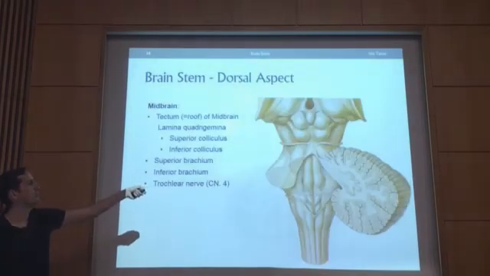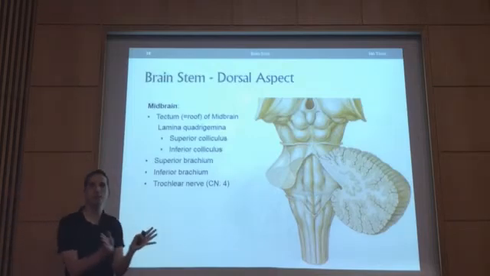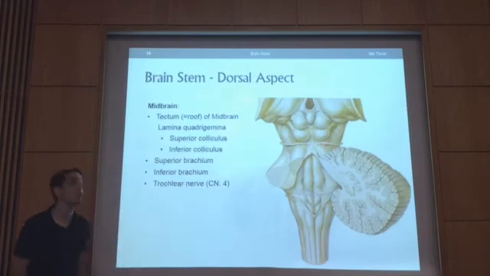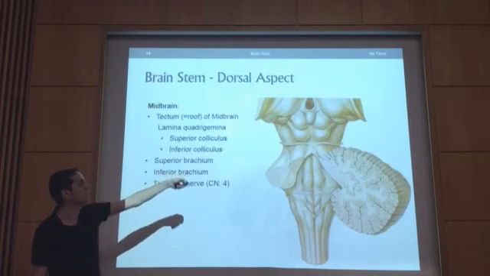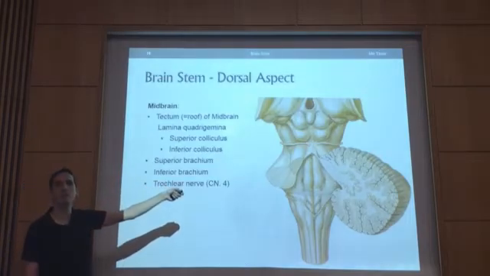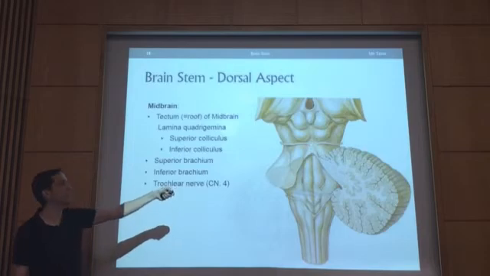So this is the trochlear nerve, and when we look at the ventral aspect, we see it coming from behind the crus cerebri. This is what we can see here, the crus cerebri or the cerebral peduncle. So this is the other side of the trochlear, and now we can see the site where it leaves the midbrain, just beneath the inferior colliculus.